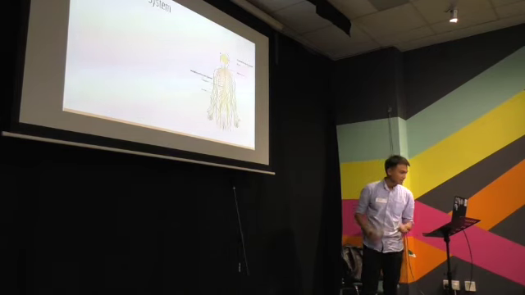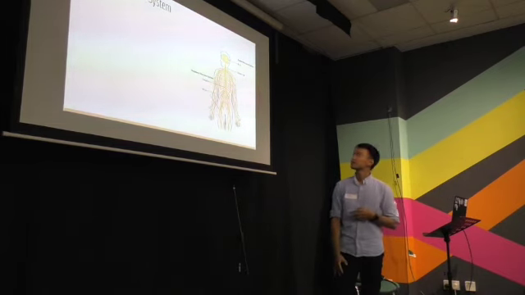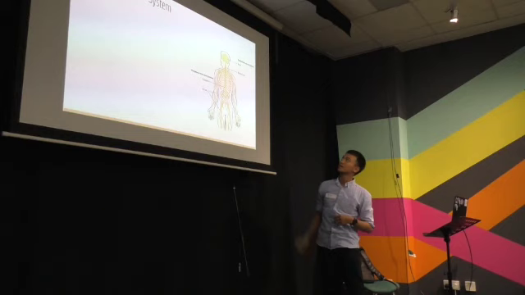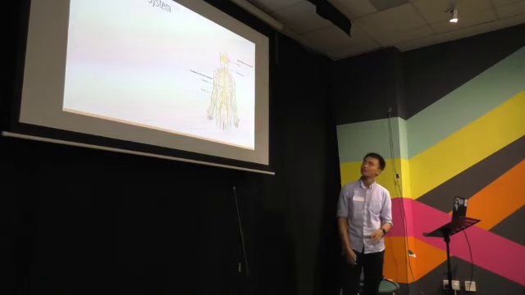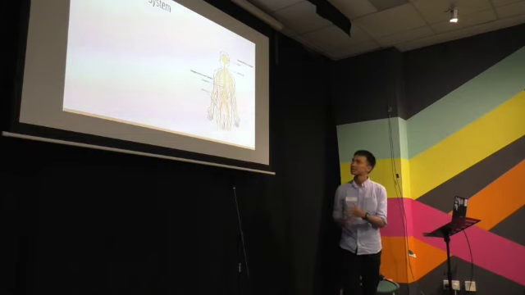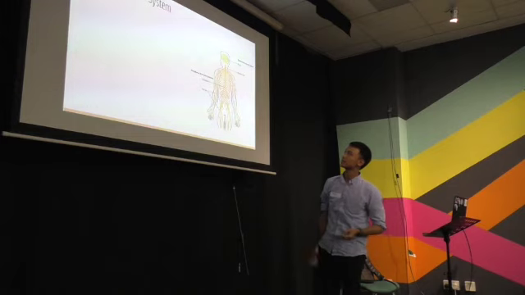The human nervous system comprises two components: the central nervous system, which contains the brain and your spinal cord, and the peripheral nervous system, which contains the nerves branching out from the spinal cord and extending all along your body.